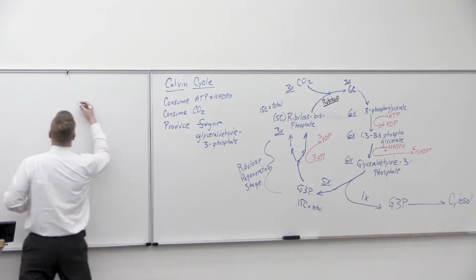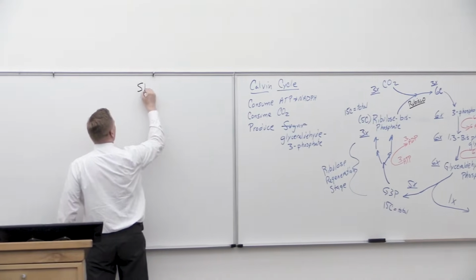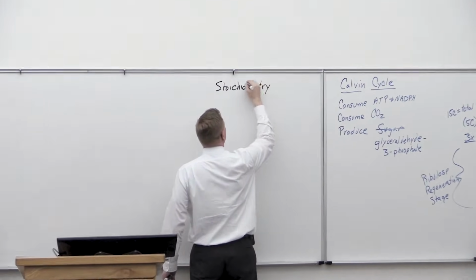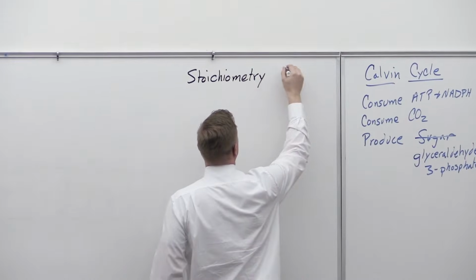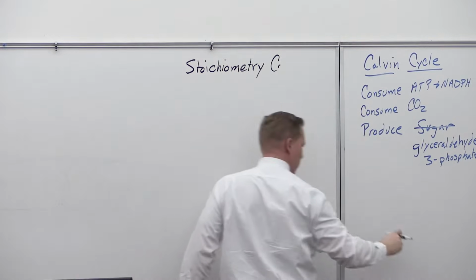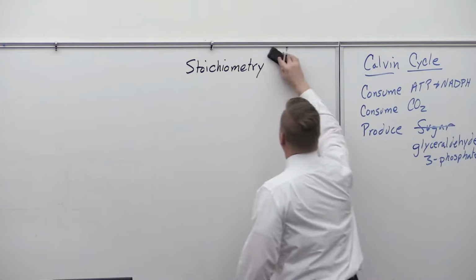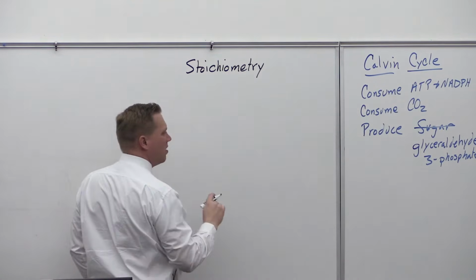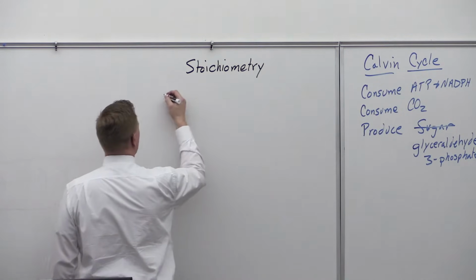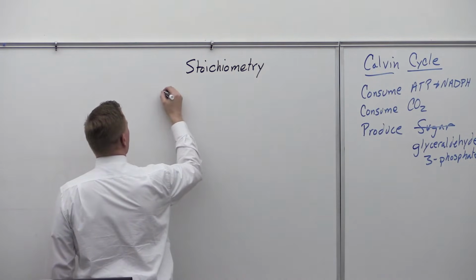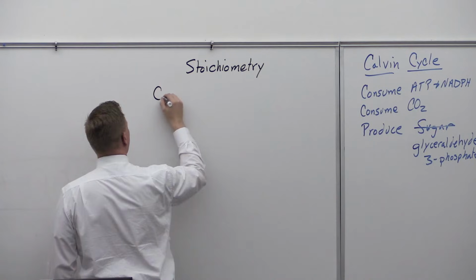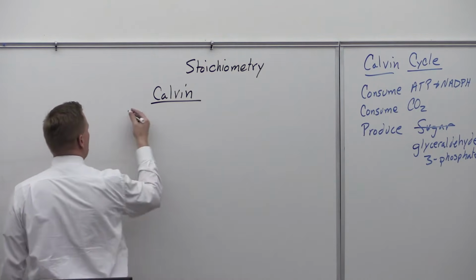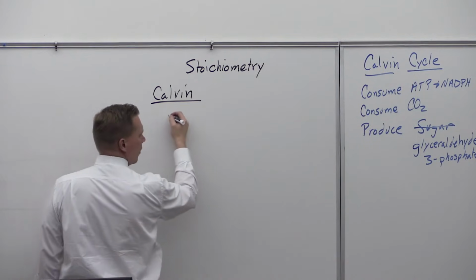Now, let's look at, for a moment, the stoichiometry of this process. On one side, we're going to look specifically at the ATP and the NADPH that are produced. So we've got the Calvin cycle right here, and it's going to require, what do we say?